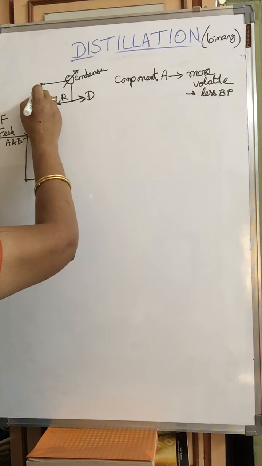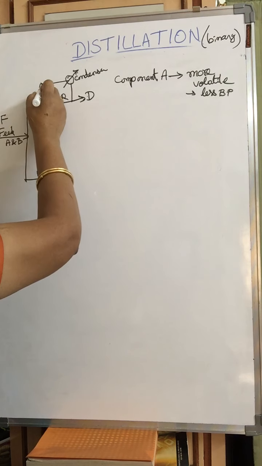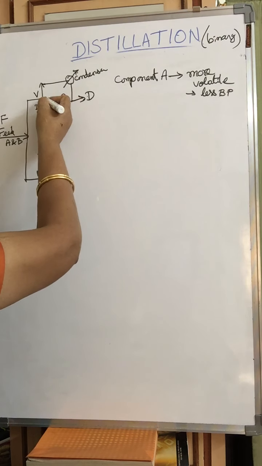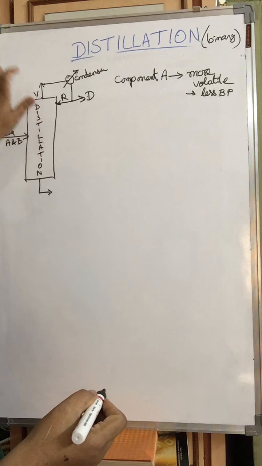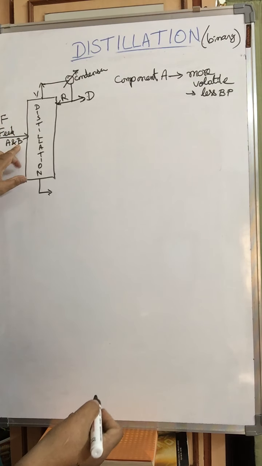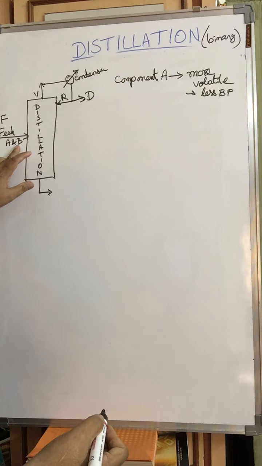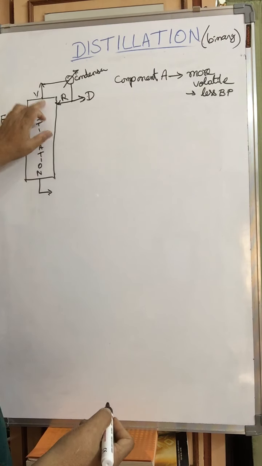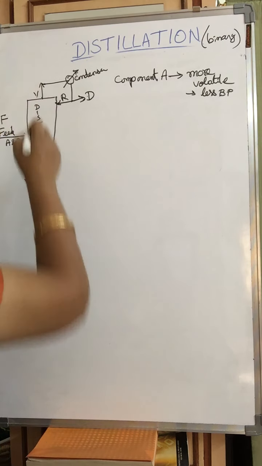Let this be V. V is the amount of vapor that is formed, so V contains more A and less B. B is also volatile, but less volatile, so a smaller amount of B goes to the top product.